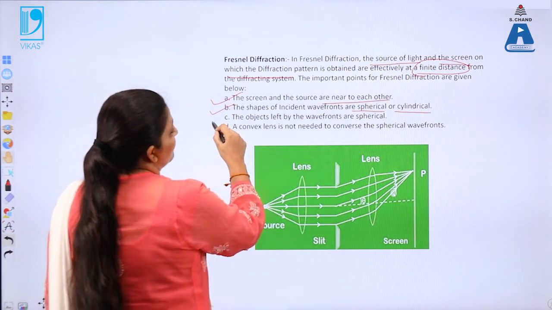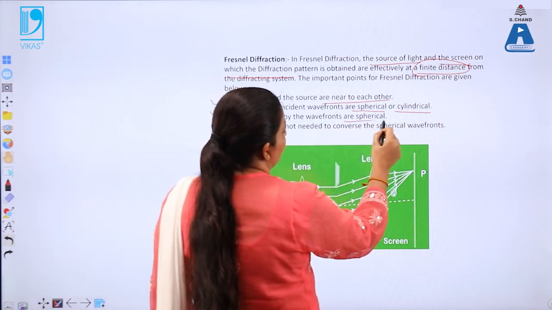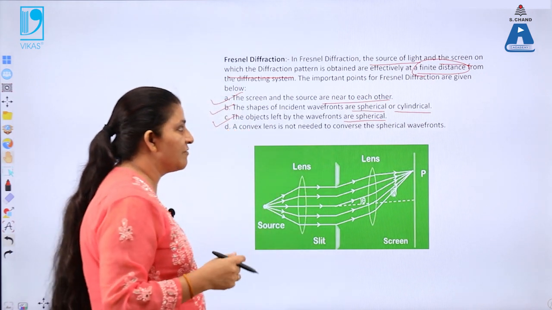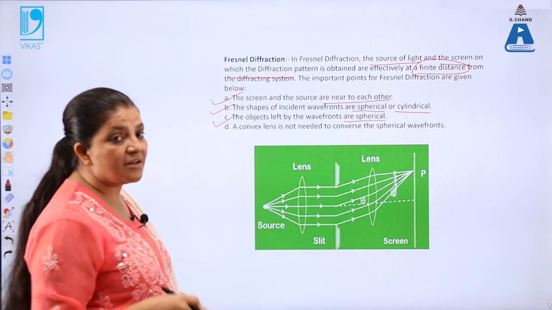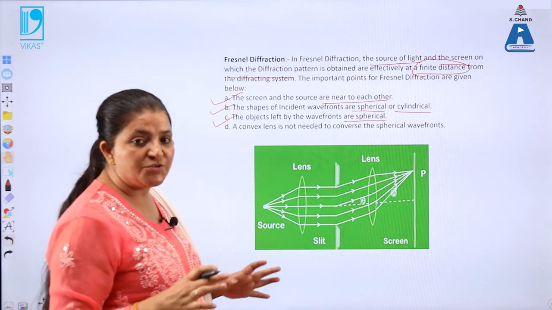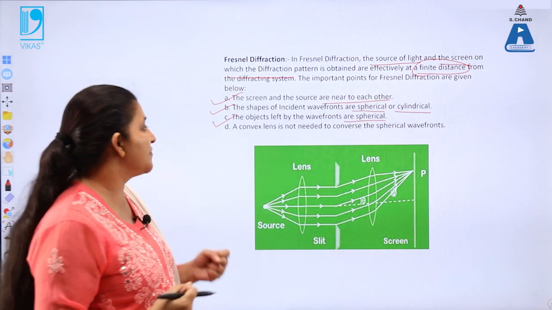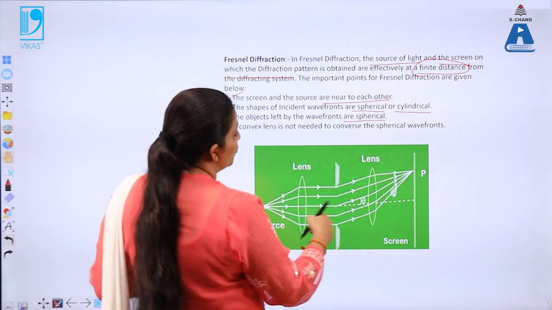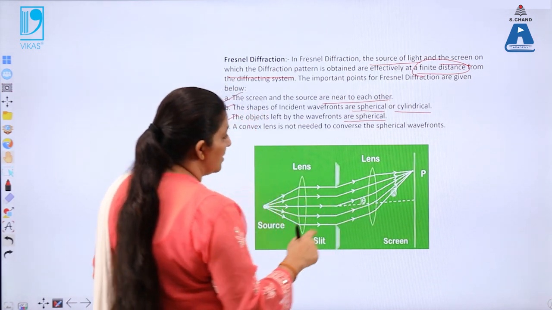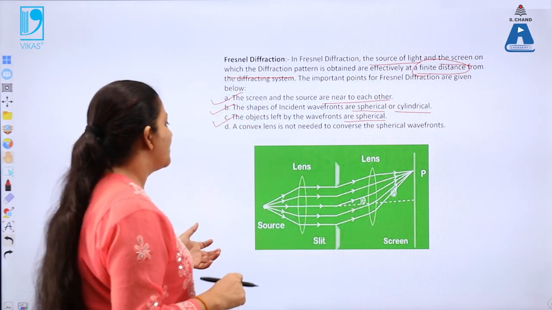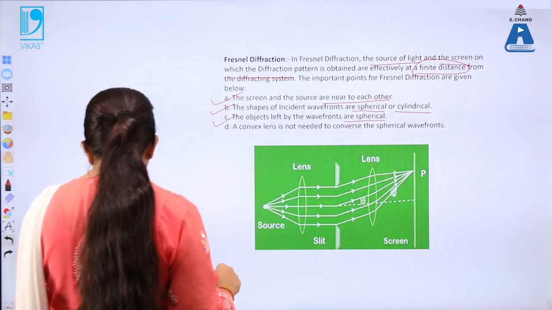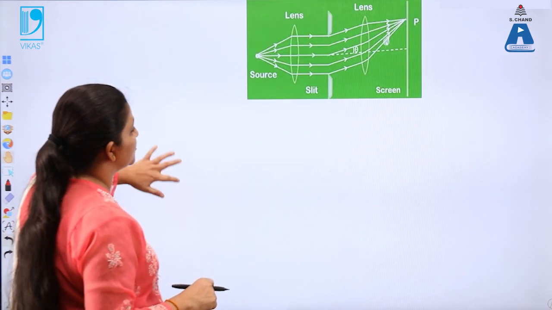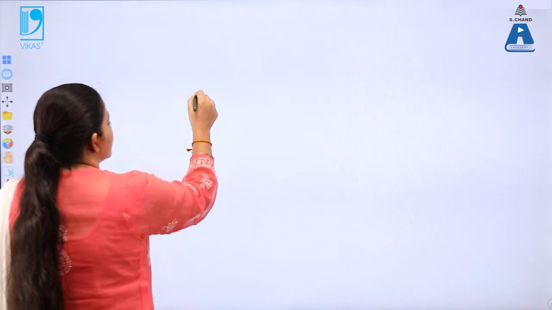Then the wavefronts are spherical. When the spherical light is falling on the object, the shape appears to be spherical to us. Then next, the lenses are used in order to converge the light over here. So now we know that in case of Fresnel diffraction, this is a spherical wavefront.